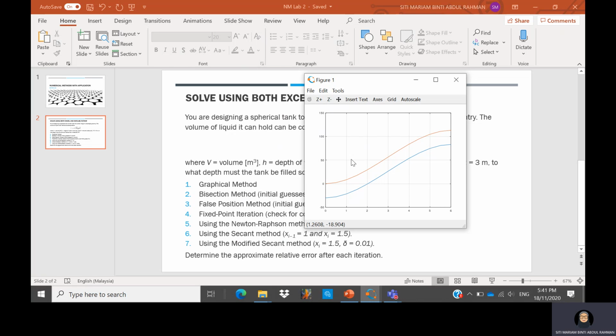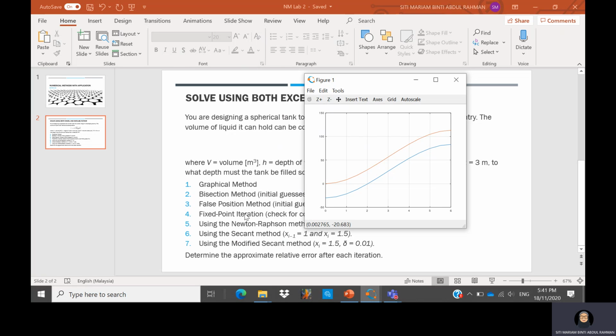So in this case, for example, we know that the root is around 2. So we can use the initial guesses of 1 to 3, since we know that these two values already bracket the root. That applies if you're using bisection, for example, and also false position.